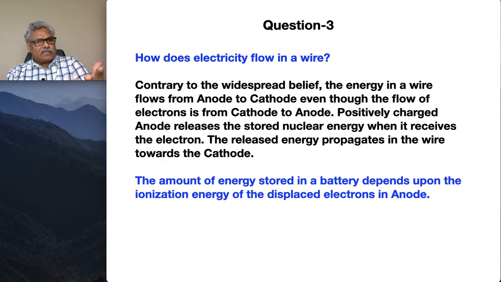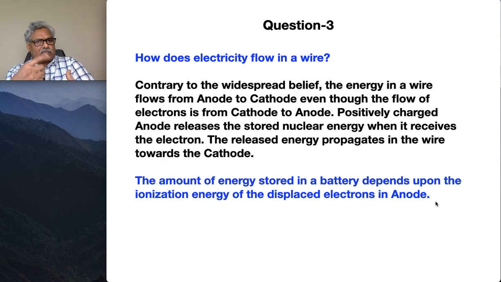One battery's capacity is less, and another's is more, depending on the material. So the amount of energy stored in a battery depends upon the ionization energy of the displaced electrons in the anode.